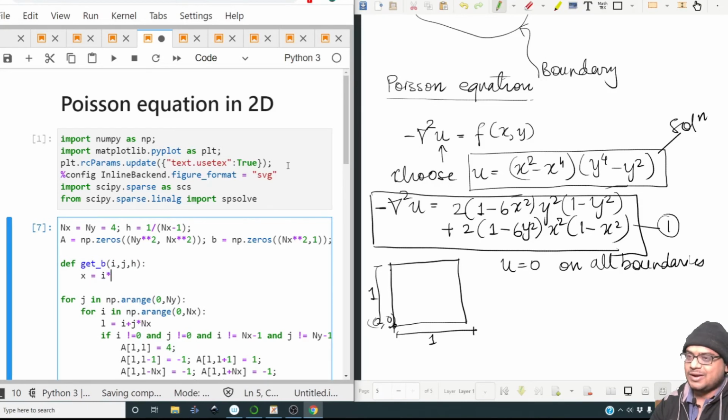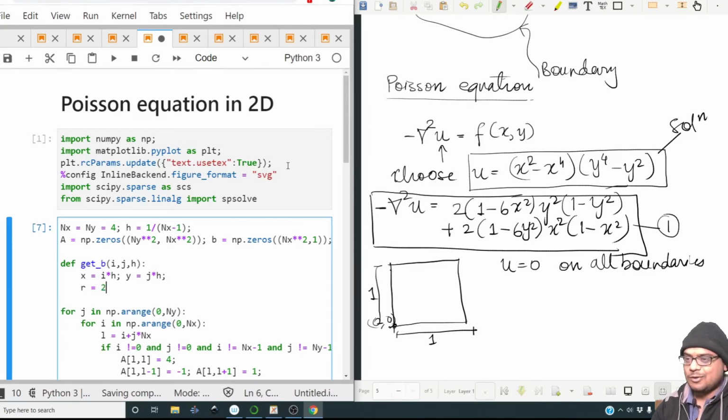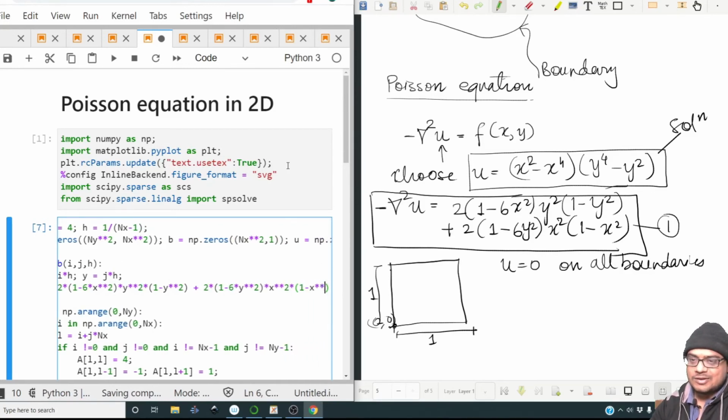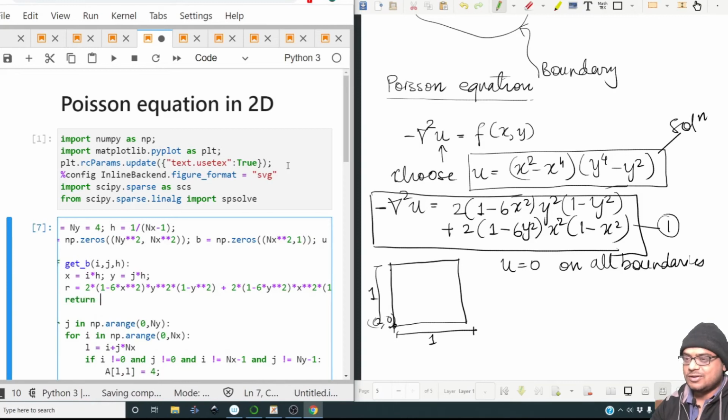So x will be i times h, y will be j times h, and then r will be equal to 2 times (1 minus 6 x square) times y square times (1 minus y square) plus 2 times (1 minus 6 y square) times x square times (1 minus x square). Alright, so we must return r. That's pretty much it.